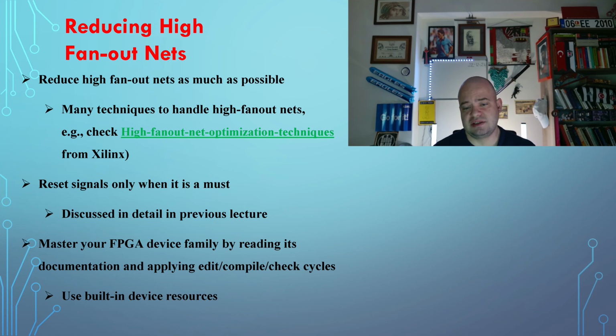So Fmax, maximum frequency, will increase, and the resources you are using will be relatively low compared to writing code whose target is not the FPGA device family you are using.